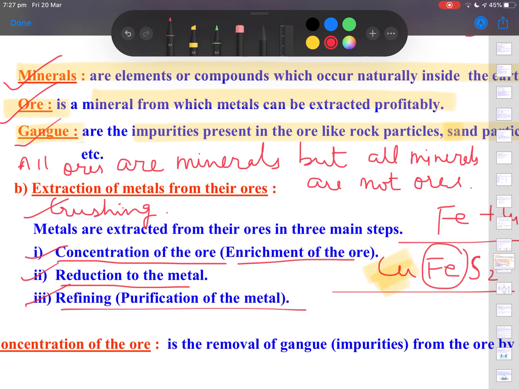Because sometimes you must be thinking, when we have already concentrated the ore, then what is the point of talking about impurities? Yes, it is quite possible that some impurities might be left behind. So we have to make sure that after the process of reduction, we refine it so that ultimately the metal which we extracted is very, very pure.